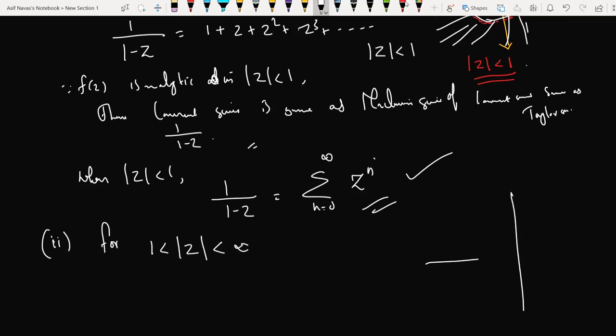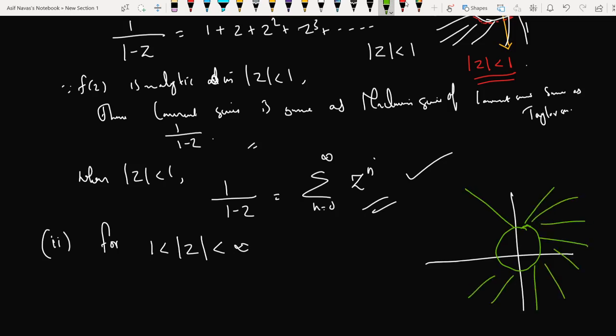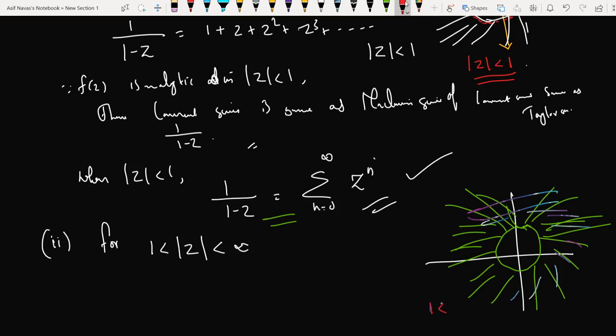That means outside this circle. Inside that circle we have a Taylor series expansion, the Maclaurin. Now we want to find the series representation outside this circle. So what is that annular region? 1 less than mod z less than infinity.